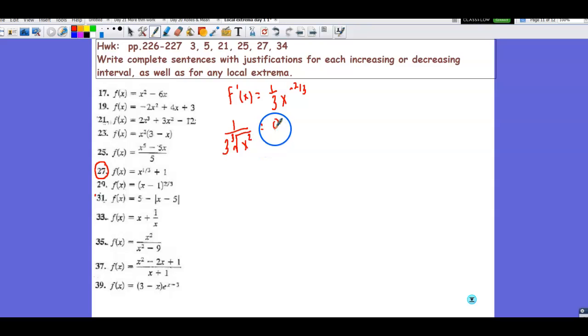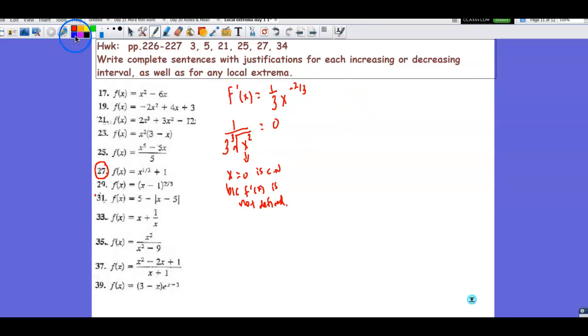All right, a fraction with a set numerator cannot equal 0, but there is a place where the first derivative is undefined. So x equal to 0 is a critical number because f prime of x is not defined.